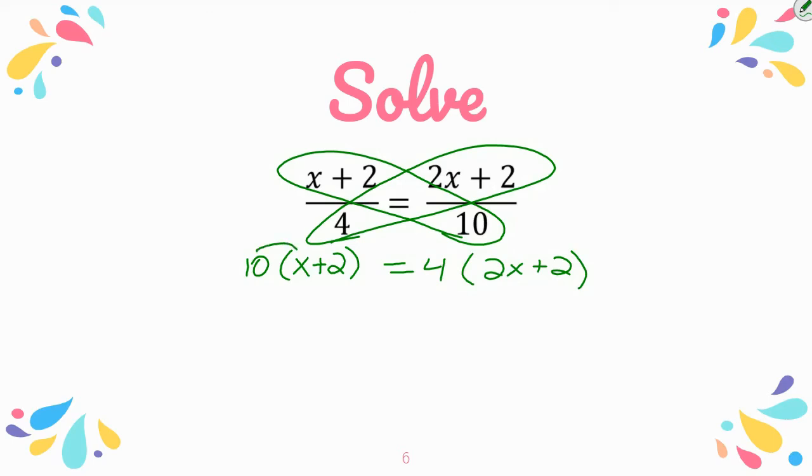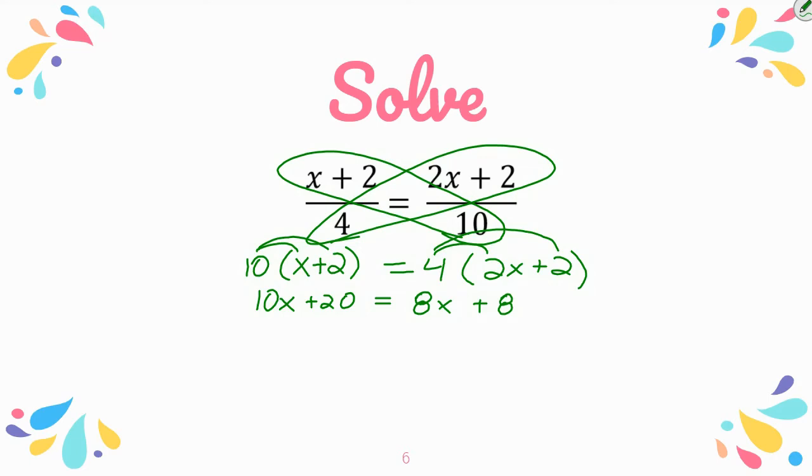So we'll do 10 times x to get us 10x. 10 times 2 will get us 20. Equals 4 times 2 to get us 8x. And 4 times 2 to get us 8. So now we have 10x plus 20 equals 8x plus 8.